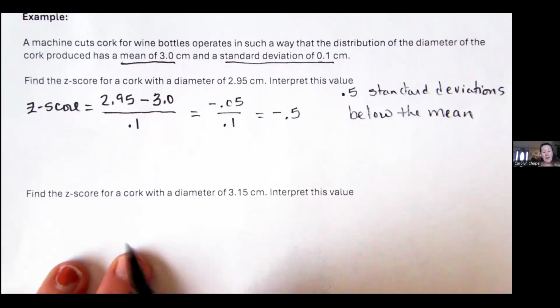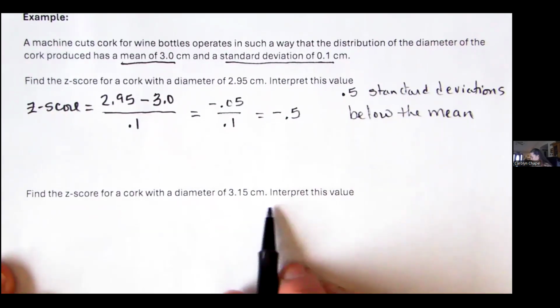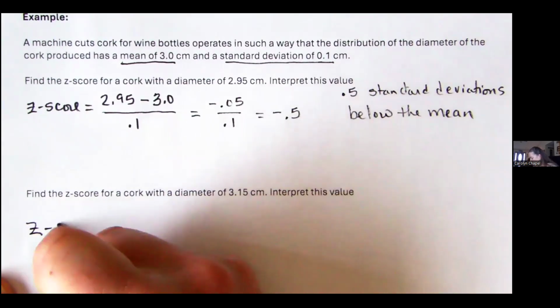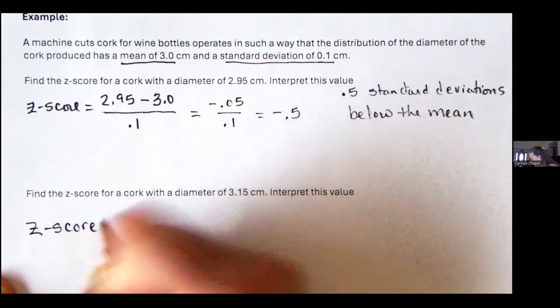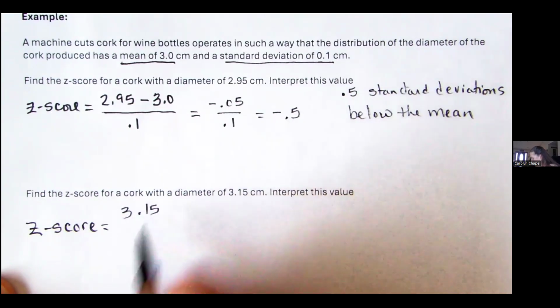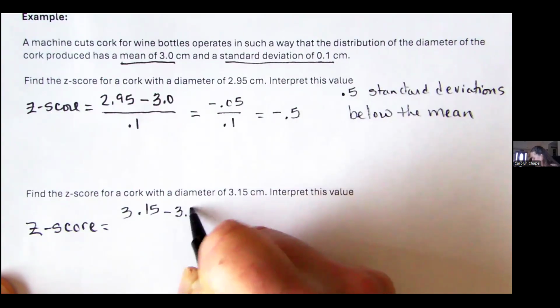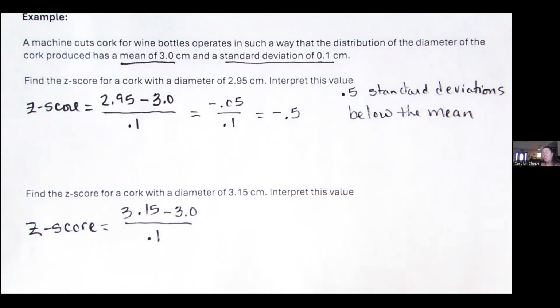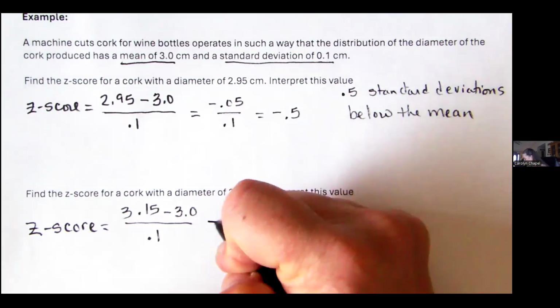We're going to do the same thing for a cork with a diameter of 3.15. So again, we're going to be calculating this z-score. We're taking our data value, which is 3.15, minus our mean, which was 3.0, divided by my standard deviation. So data value minus mean divided by standard deviation.